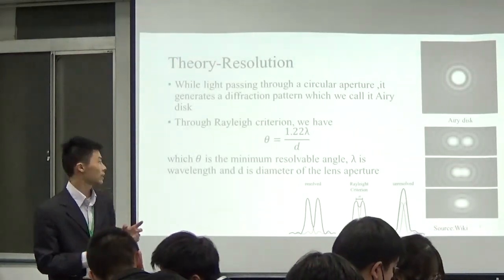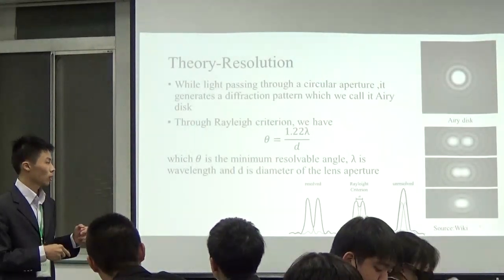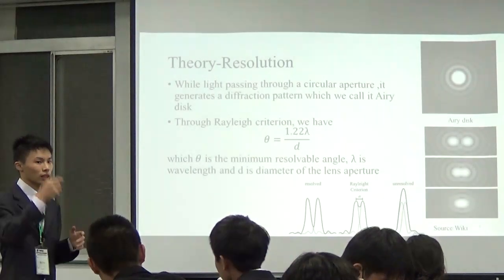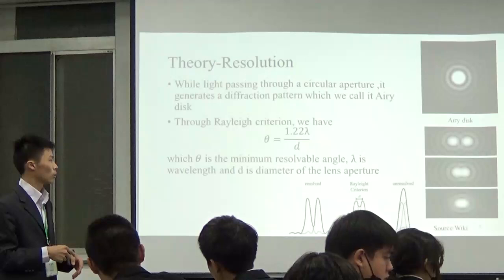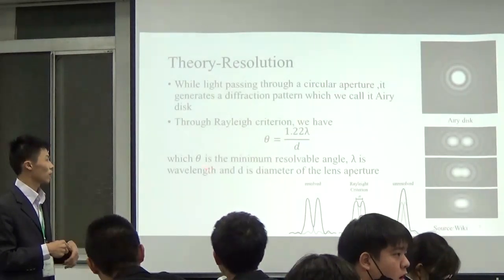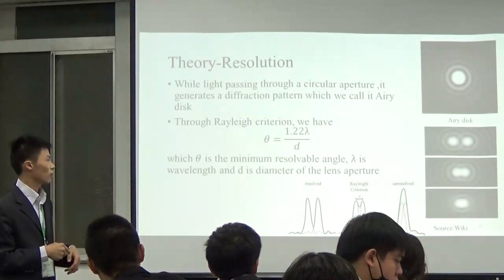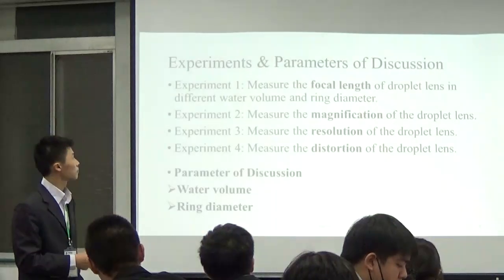So we can define this as the minimum resolvable distance, divided by the distance between the light source and the pinhole. We define that theta is the minimum resolvable angle, lambda is the wavelength of our light, and D is the diameter of the lens aperture.